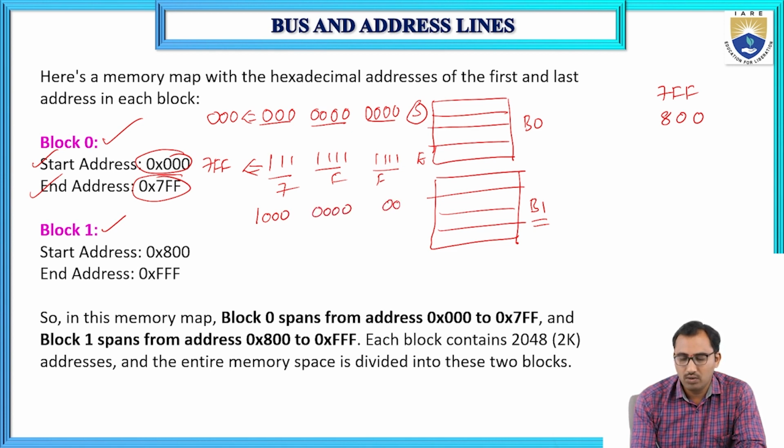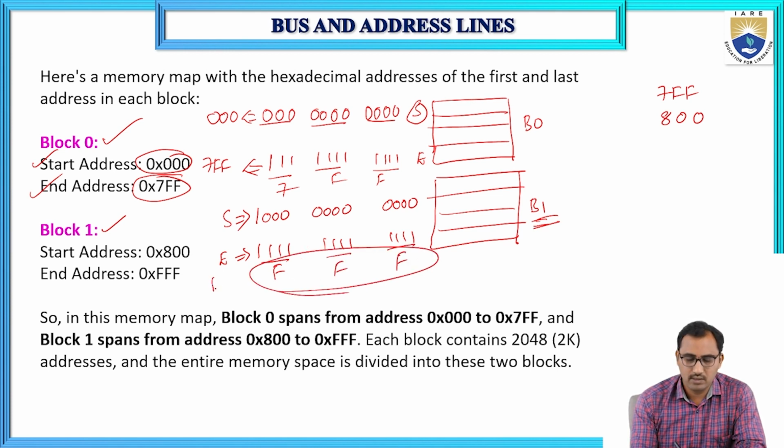This is the starting address for block 1. The ending address will be all ones, which is FFF. So this is block 0, this is block 1.